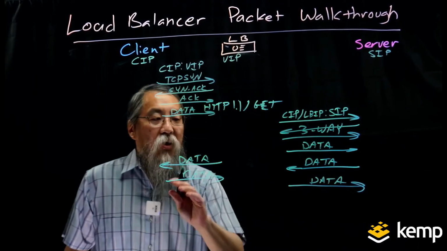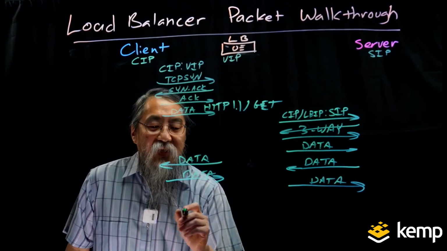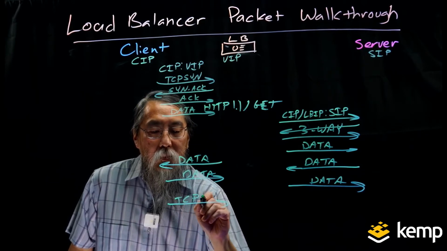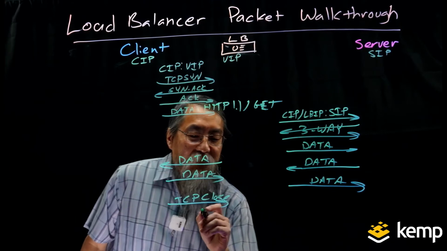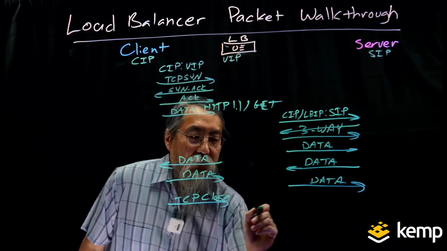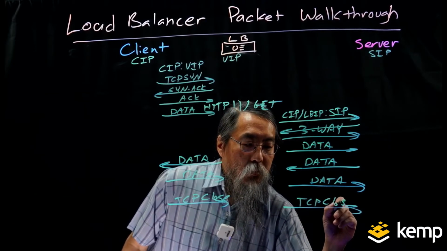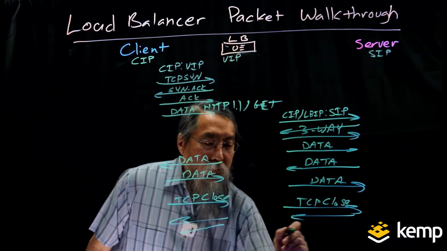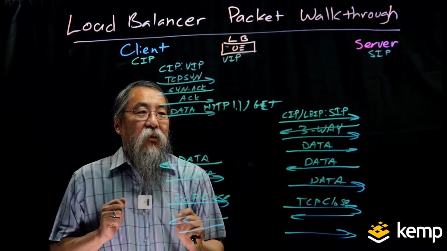And this is going to go on back and forth until this connection is done, and then we'll have the TCP close. And there is a sequence of packets for the TCP close. And once that is done, then the connection is done.